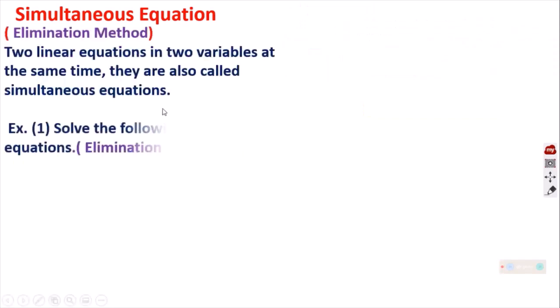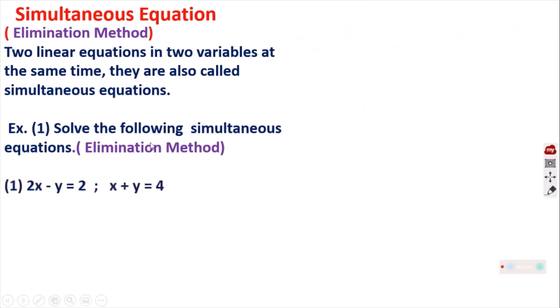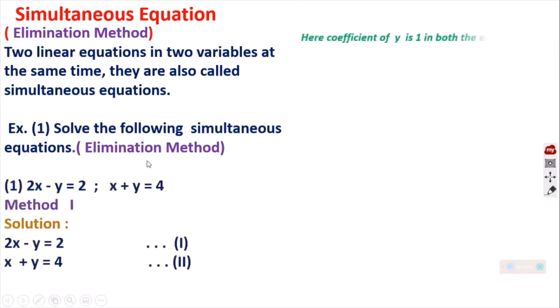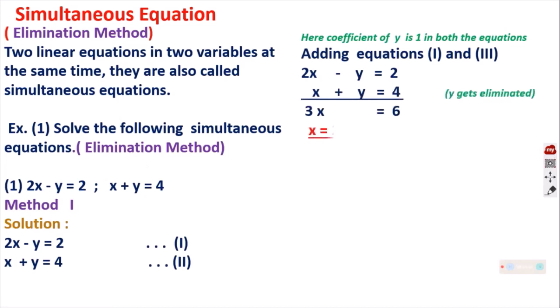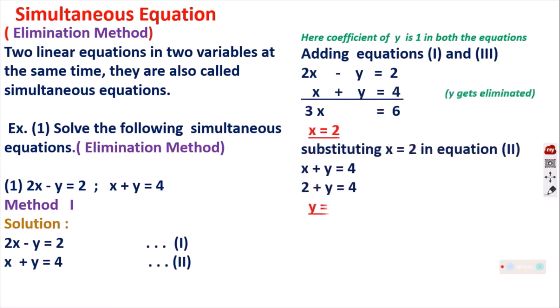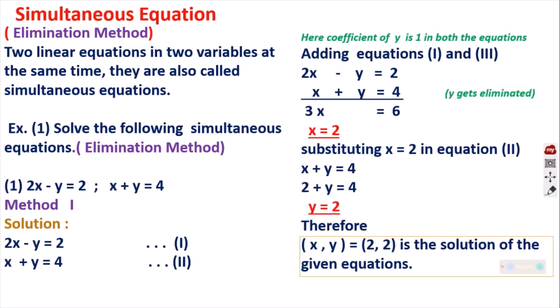This is what we did earlier. In the elimination method, we took this same sum. I am going quickly. The elimination method, method 1 in the last video, and you got the answer x is equal to 2 and y is equal to 2. This was explained well in the last video. We got it in which method? The elimination method. Which sum? 2x minus y, x plus y.